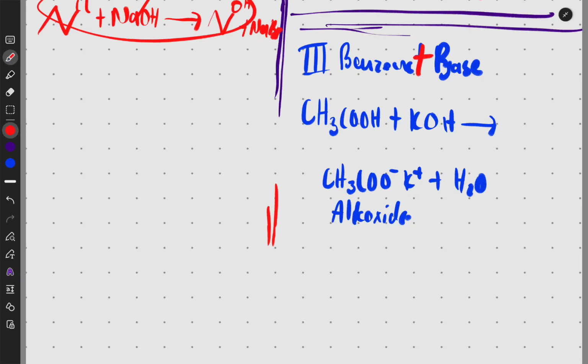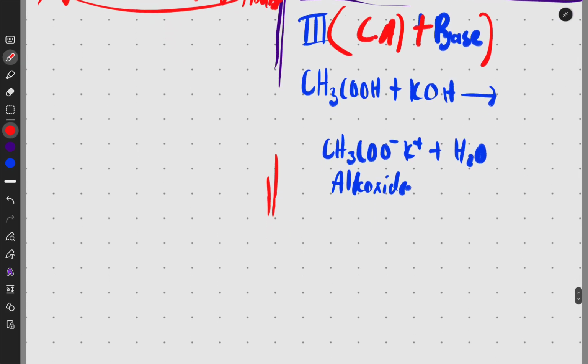This is benzoic acid. We're dealing with carboxylic acid. Benzoic acid or any carboxylic acid, just say carboxylic acid plus base. You're going to get an alkoxide. So this is what happens when you add your NaOH or your KOH. You must get an alkoxide or a phenoxide, or something is wrong. You must get an alkoxide for your carboxylic acid.